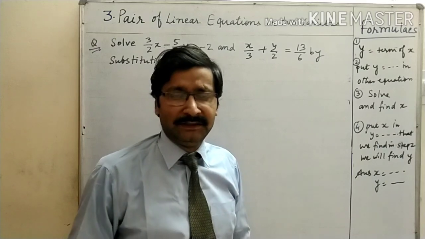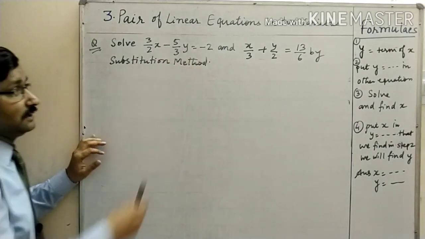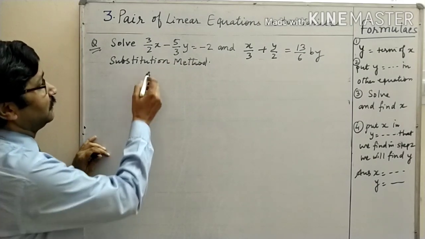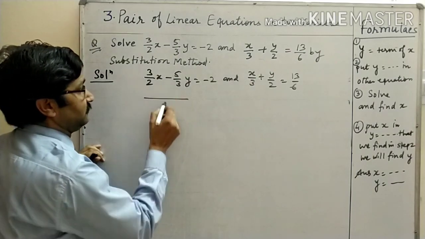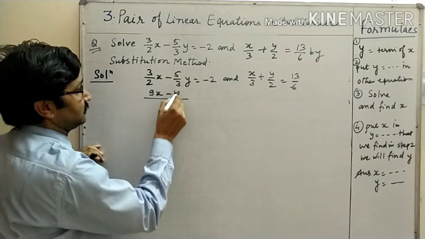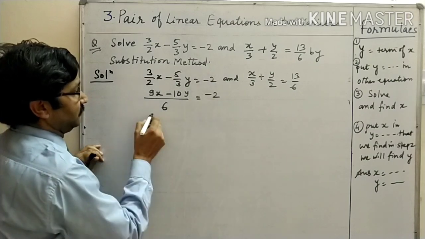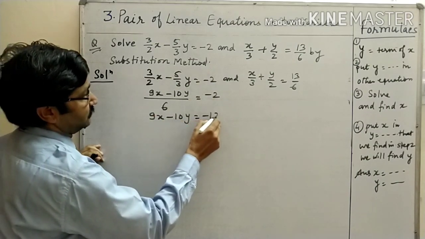Very simple method. First, these two equations are given in a complicated form, so first we change them into the simplest form. Write this equation, then take the LCM. LCM is 6, so we get 9x minus 10y equal to minus 12, cross multiplying.